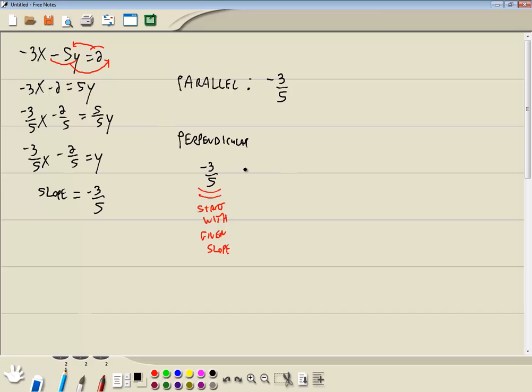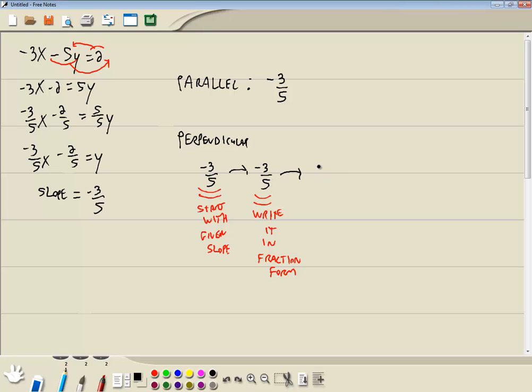So that's our negative 3/5. We're going to write it in fraction form. Now this one's already in fraction form, but imagine if you had 5, for example. You'd write 5 over 1. You can always create a fraction by putting it over 1.